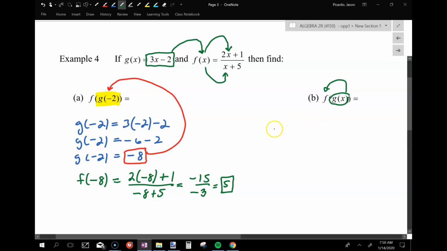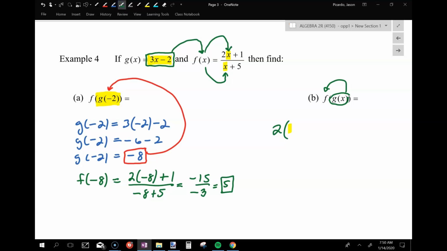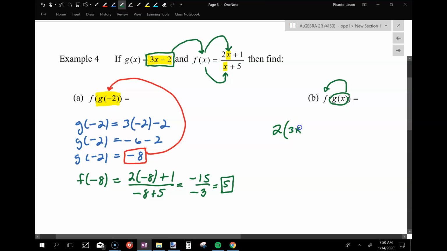So what do I get? I get 2 times, okay, so this is going to take the place of this and this, right? So I have 2 times 3x minus 2 plus 1 over 3x minus 2 plus 5.